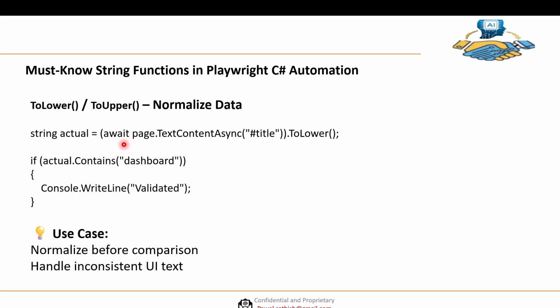Here you can see we capture the string in actual, and after that it contains "dashboard", which is entirely in lowercase. Using the ToLower method, we convert whatever string we captured using the CSS selector #title into lowercase, like dashboard. If it is true, it will execute this code, validated.